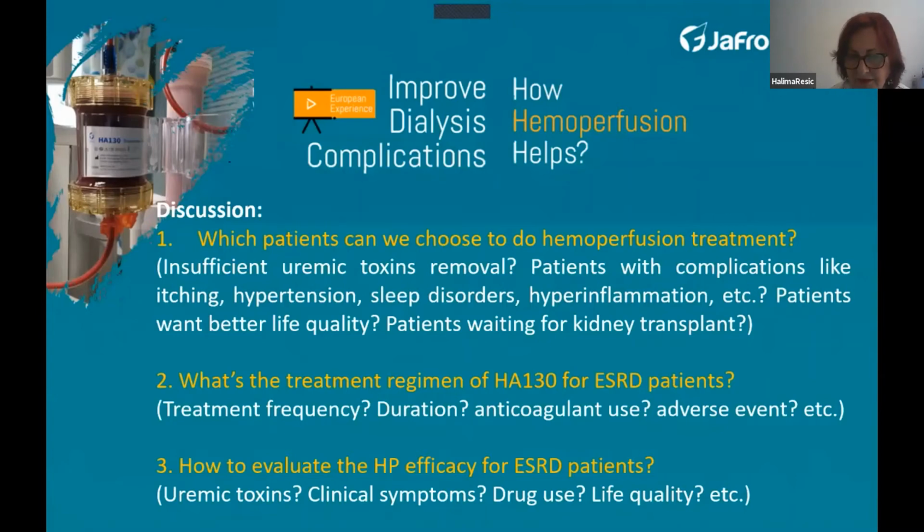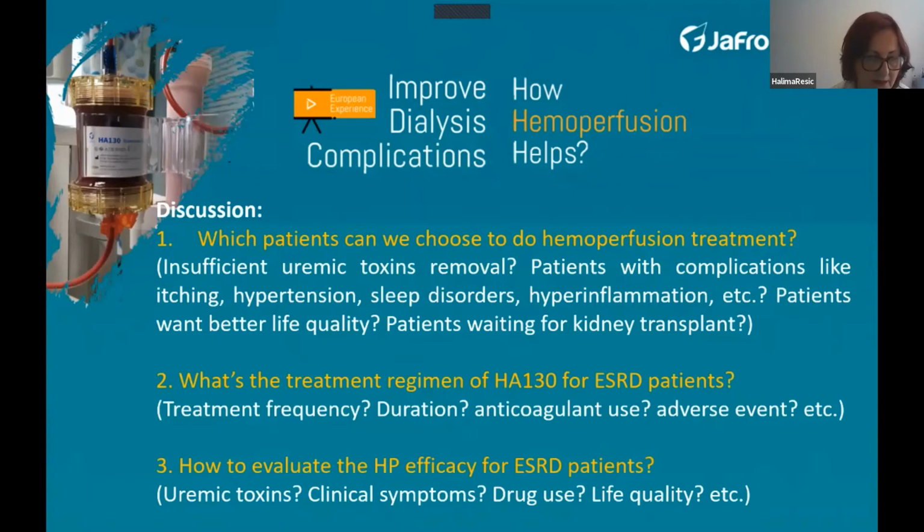And I think that the presentation by Dr. Turkovic, with a great number of patients, is really one key point for better quality of life for the patients.